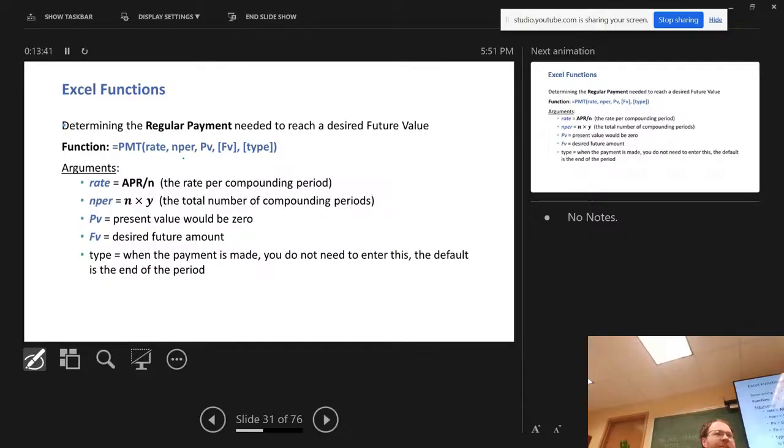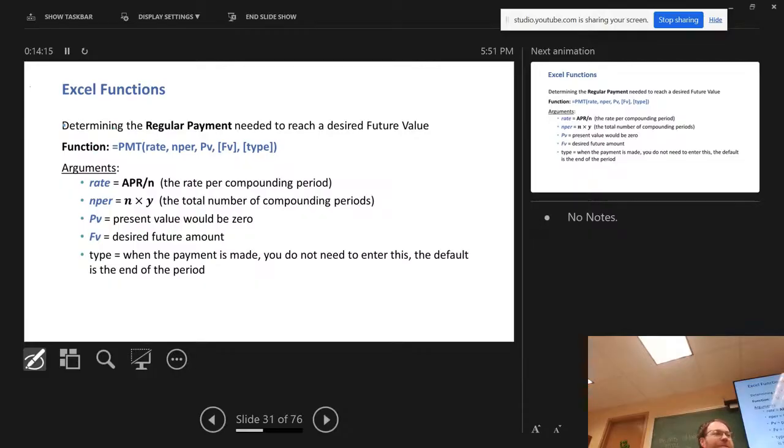This would be something like, how much would I need to put in my savings account each month that gets this interest rate so that I eventually get so much money in there? Like say, for example, I put $500 a month in a savings account. How long would it take me to reach $10,000 if I get 3% interest a year?